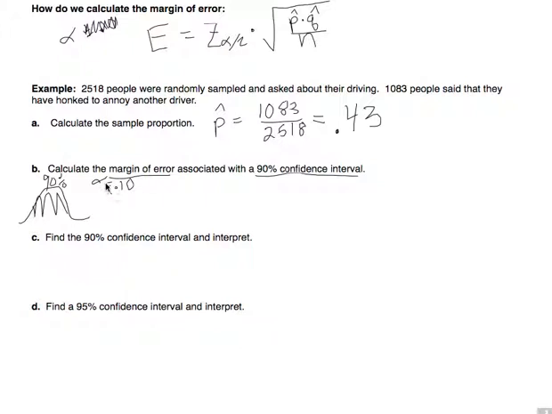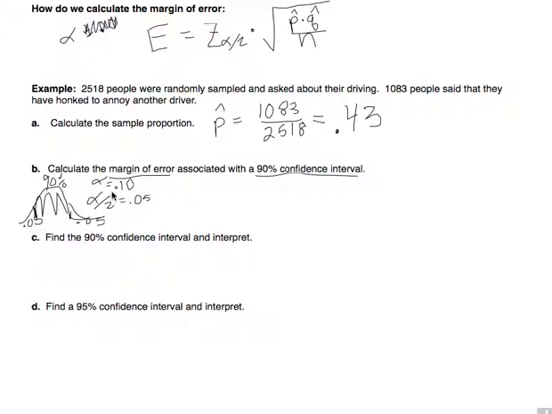So 10% is a level of significance of 0.10. This is the probability of making an error, or the area that lies outside of this interval. So if our alpha is 0.10, alpha over 2 is 0.10 split in half, which is 0.05. So if we're looking at 90%, there's going to be 0.05 in each tail.